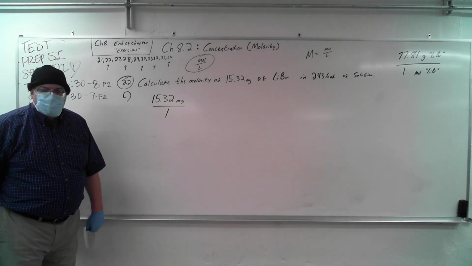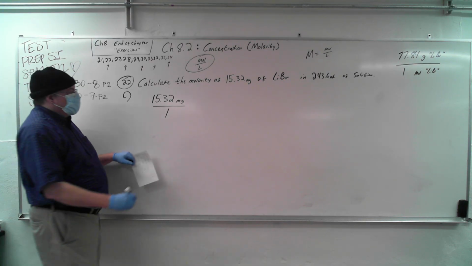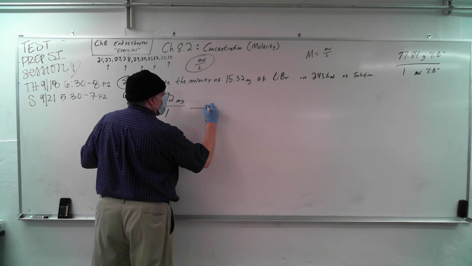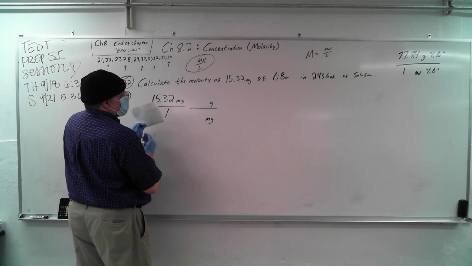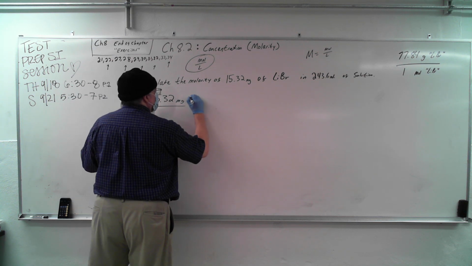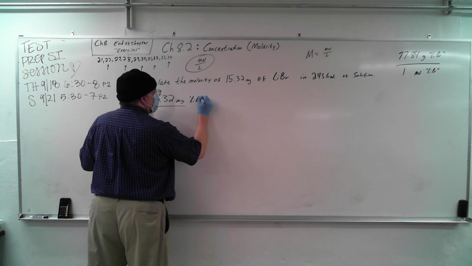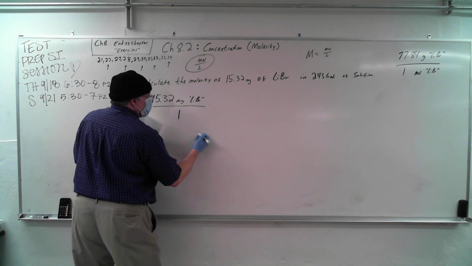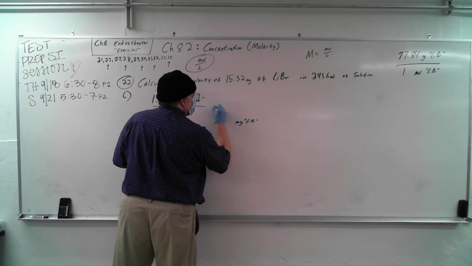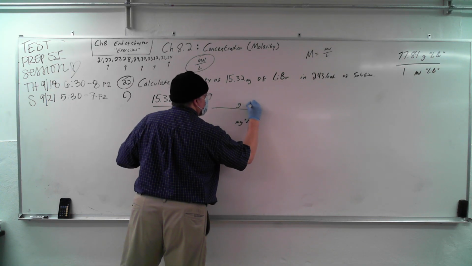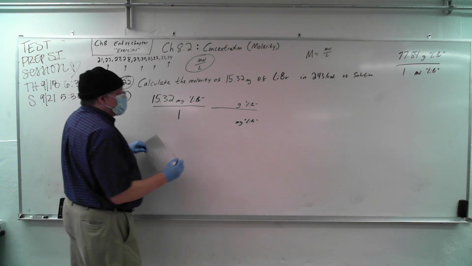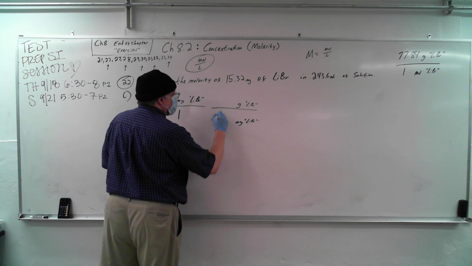So this calls for the metric conversion factor. I need this in grams. I need to go from milligrams to grams. Let me put the LiBr in here. The way I would do this is I would say 1,000 milligrams is 1 gram.